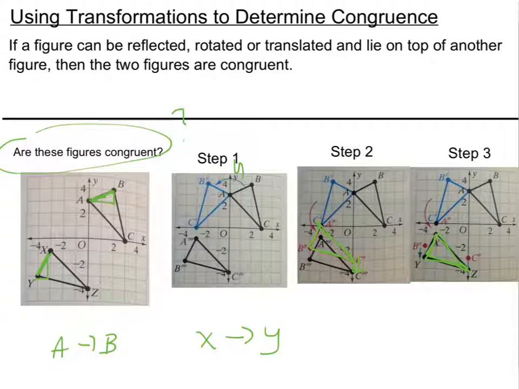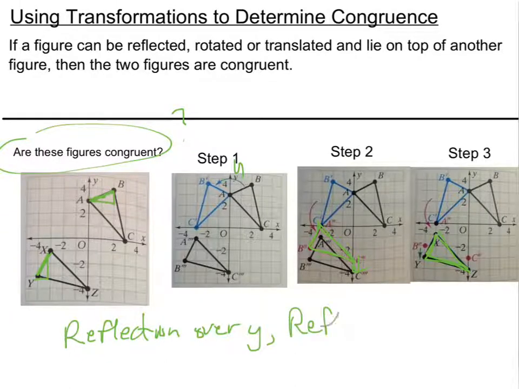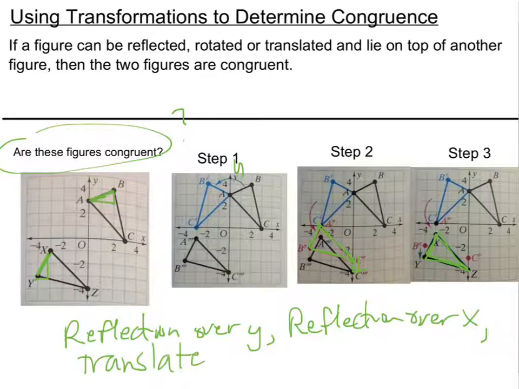Now the idea is that because you can describe a series of transformations, so the transformations here are reflection over y, then reflection over x, then we translate down 1, and that's it, just down 1.